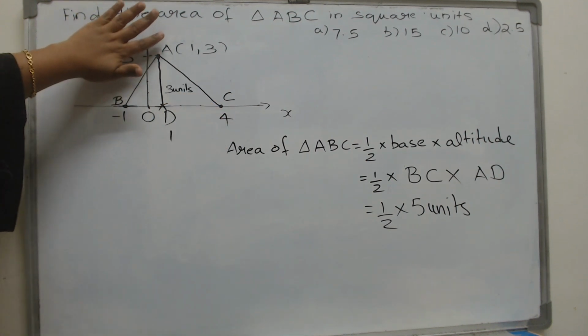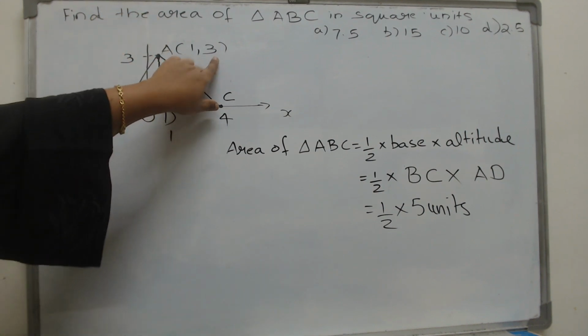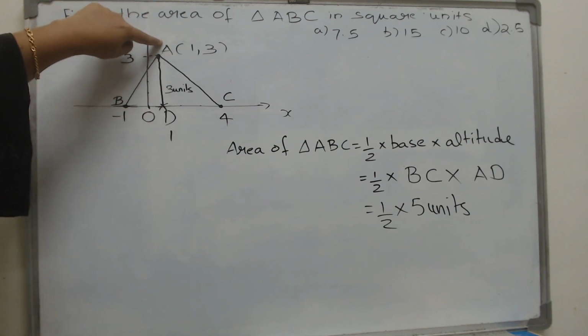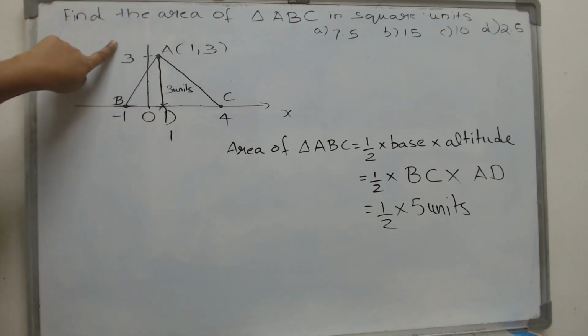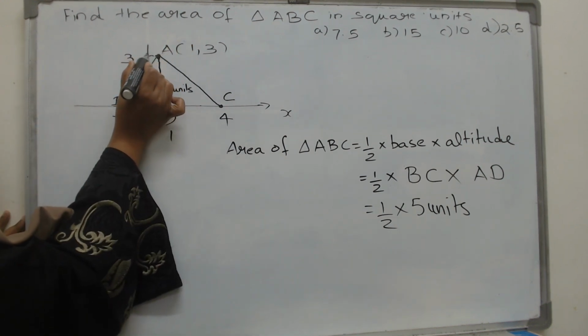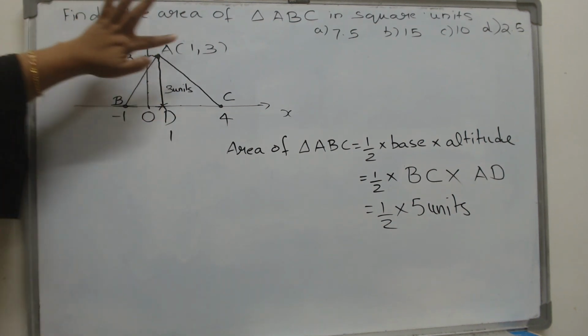The perpendicular distance from a point to the x-axis is its y coordinate. The perpendicular distance from a point to the y-axis is its x coordinate, which is what? This perpendicular distance will be 1.